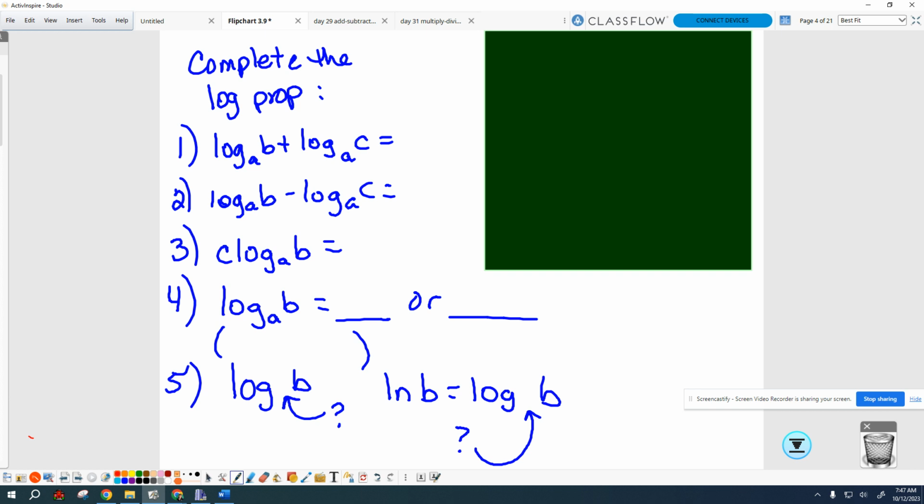The first one, log base a of b plus log base a of c. Anybody remember what's in here? Log a of b times c. So addition across logs of like base become multiplied. Ethan, what do you think subtraction across logs of like base is? Divide.